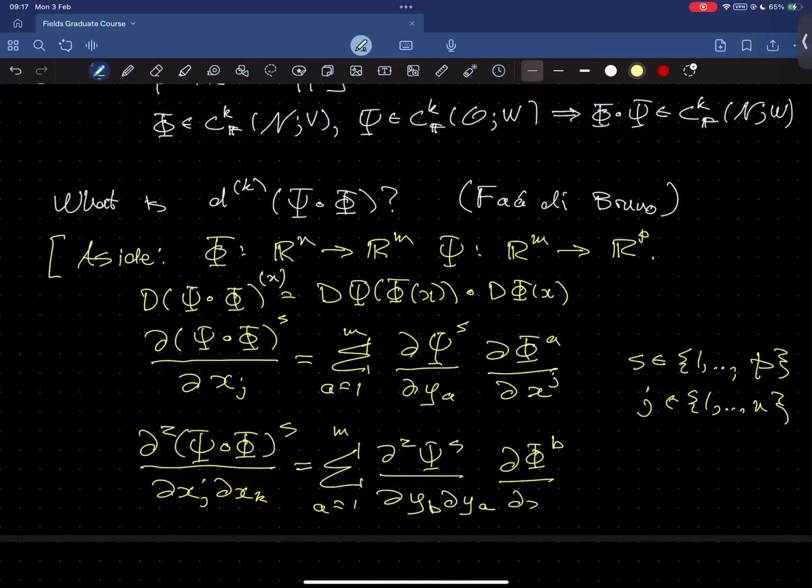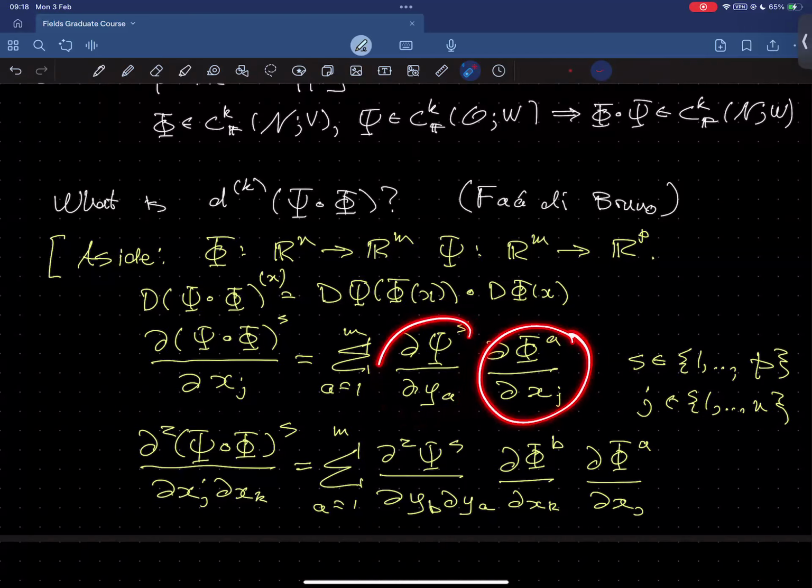Sorry, there's this other part of my life where I write indices as superscripts. And then you still have d phi a by dxj. That's the derivative of this thing with this fixed. Now I take the derivative of this thing with this fixed, because that's the product rule.